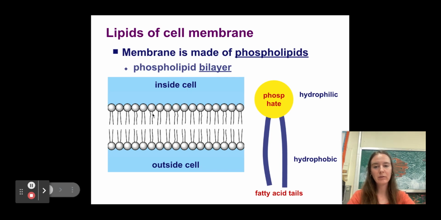Bi means two. So we have one row of phospholipids on top and another row on bottom. And notice on the bottom, here's water outside the cell. And here are the hydrophilic heads, the water-loving heads, facing the water on the outside. And then the tails are protected from the water because they're hydrophobic, they're nonpolar, facing inwards. So now you have this bilayer, two layers of phospholipids.